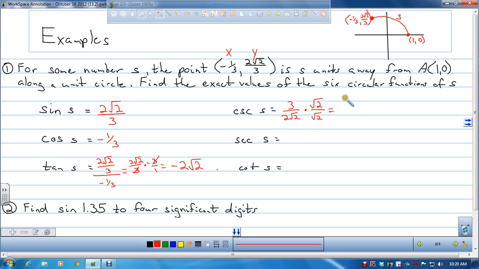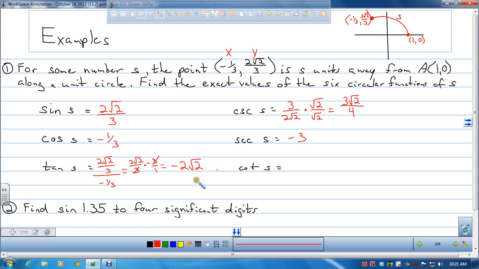So I'm going to have 3 root 2 over root 2 times root 2 would be 2, and then that 2 times that 2 would be 4. So I have 3 root 2 over 4. Now the secant is a little easier. The reciprocal of -1/3 would simply be -3 over 1, which we know is -3.